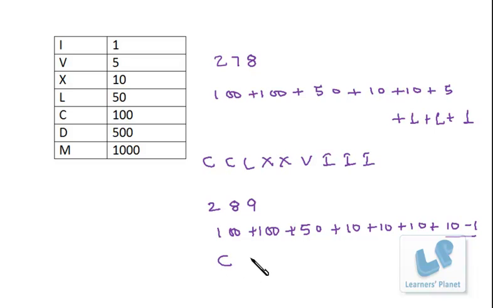So 100 is C, this is C, this is L, this is X, further X, further X, and 10 minus 1 is I before X. Okay, so it's C, C, L, X, X, X, I, X. Okay, just don't forget to put this underline. So you will be clear that you have to represent this number like this.